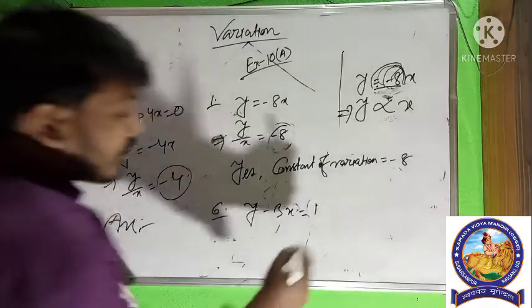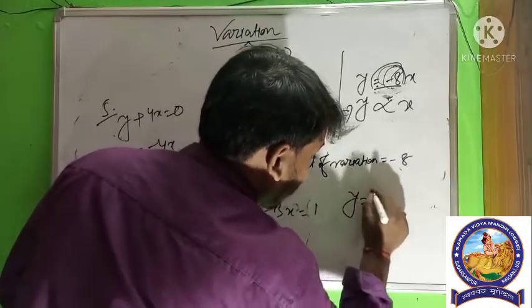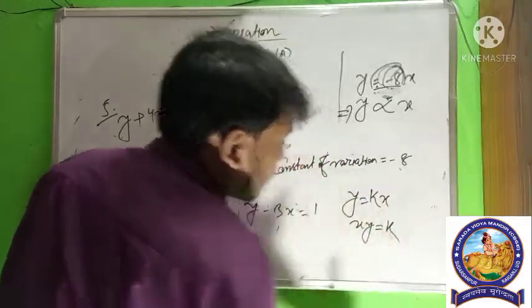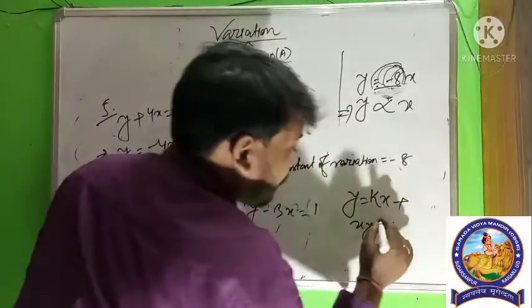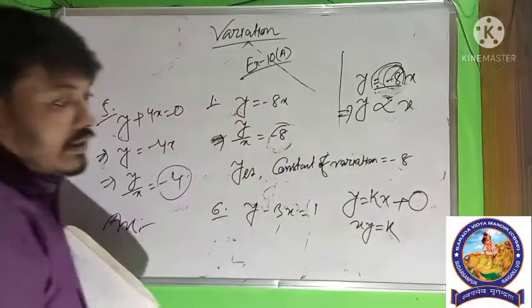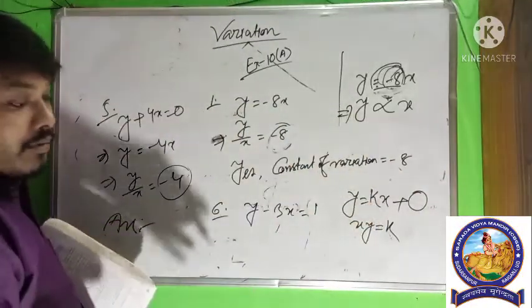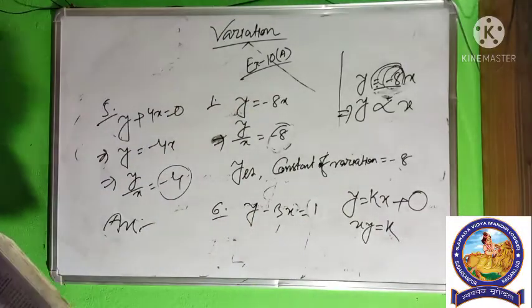Okay, because we need y equal to kx or xy equal to k. Here y equal to 3x plus some constant is given. So it is not a case of direct or inverse variation.